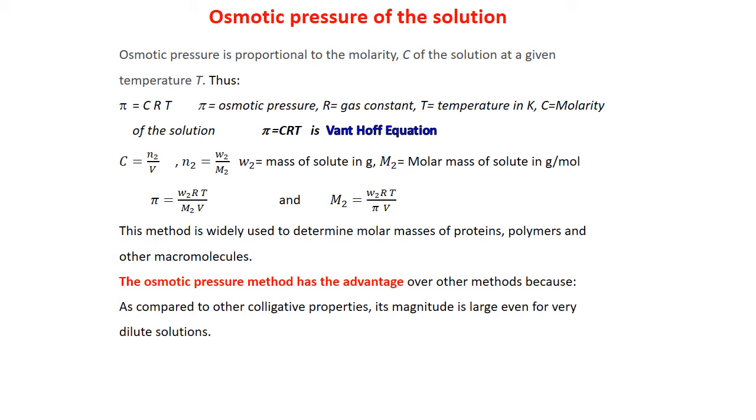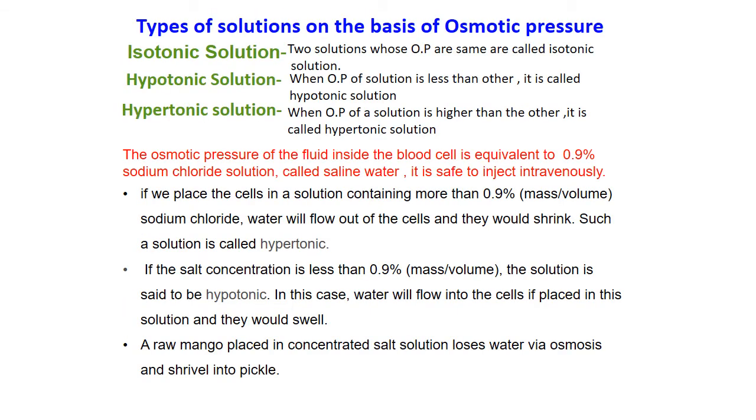For those which have high molecular masses, to find their values we prefer osmotic pressure, because only osmotic pressure can be measured with accuracy for the cases of polymers. So osmotic pressure is preferred over all other colligative properties to find out the molecular mass.